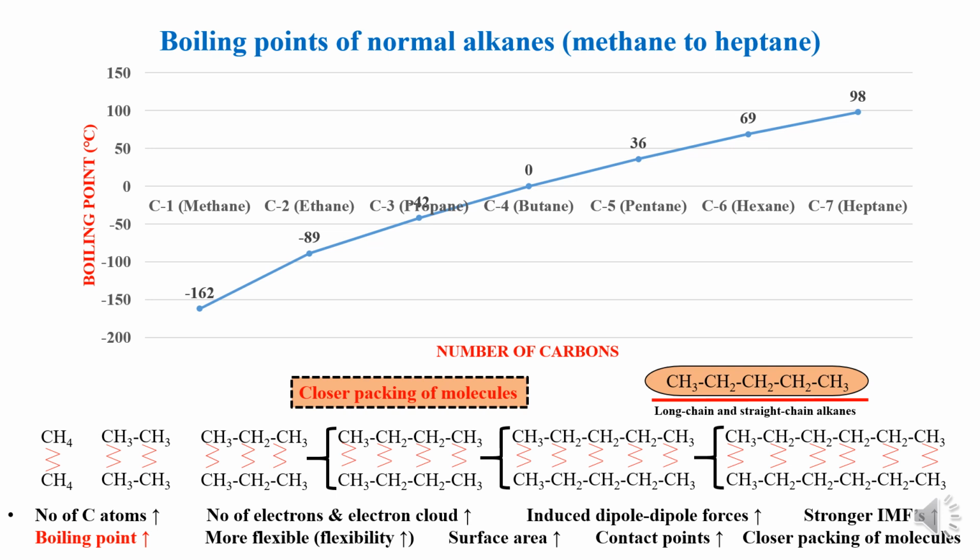And at a particular point, it leads to stronger intermolecular forces, that is London force is operative, and this leads to an increase in the boiling point because more energy is required to overcome the strong intermolecular forces. So in straight chain alkanes, the flexibility is more, surface area is more, and this leads to an increase in the number of contact points, and therefore this allows a closer packing of molecules.